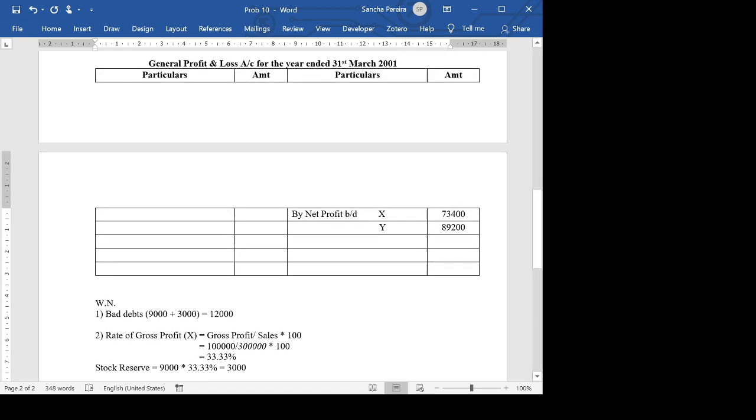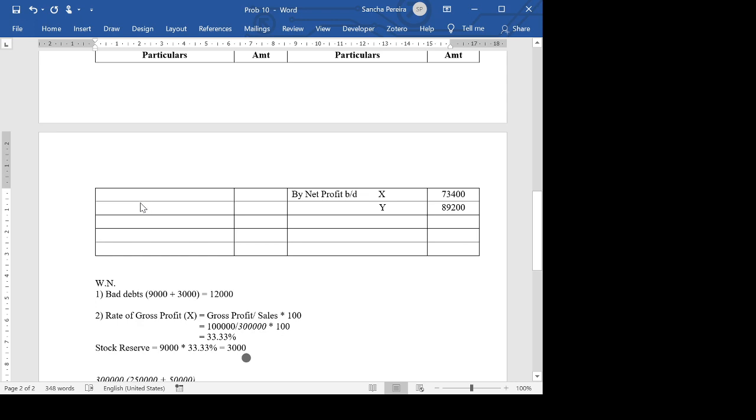And this stock reserve is shown in the general profit and loss. To stock reserve, 3,000. Now, if they had given us a rate directly in the problem itself, at 33.33%, I would have directly gone to this step. But if they don't give the rate, we have an additional step like this. Is that clear? And now we can get our total.